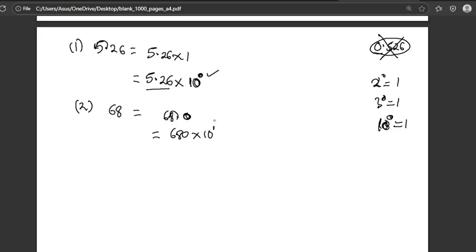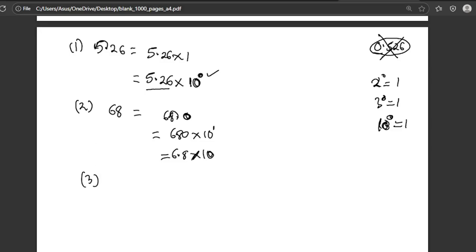The power is 1 because we moved the decimal point just once. Why is it positive? It's positive because the original number we converted is greater than 1. 10 to the power 1 is 10, so 6.8 times 10 is the number in standard form.